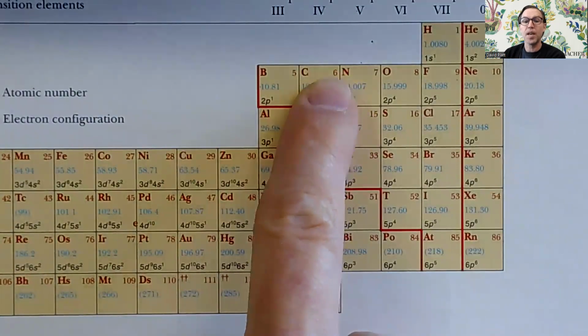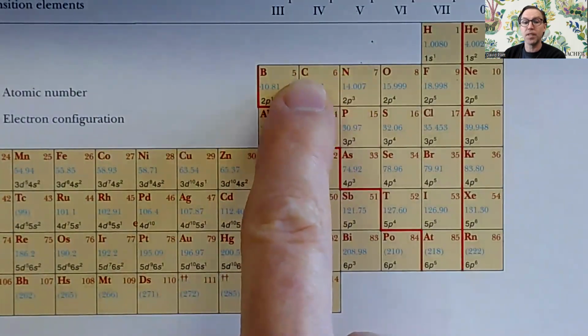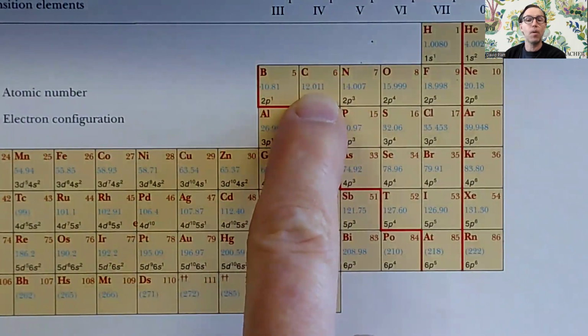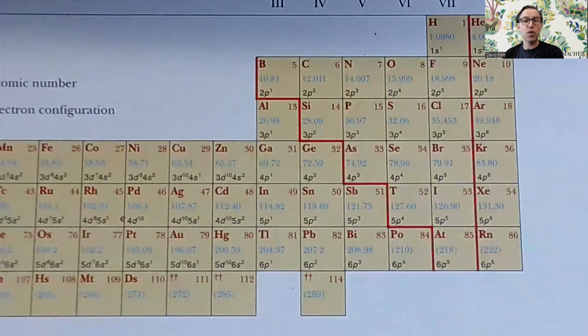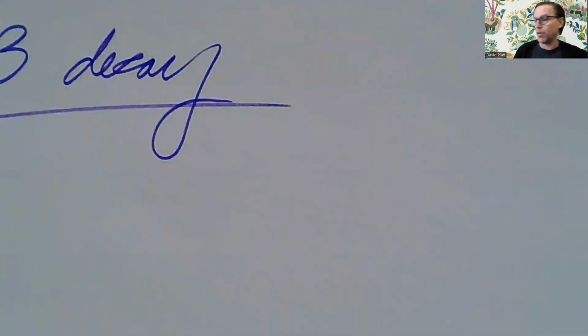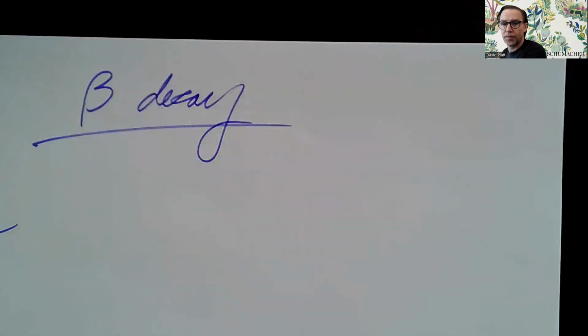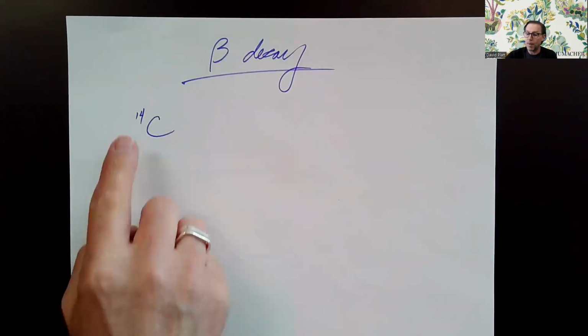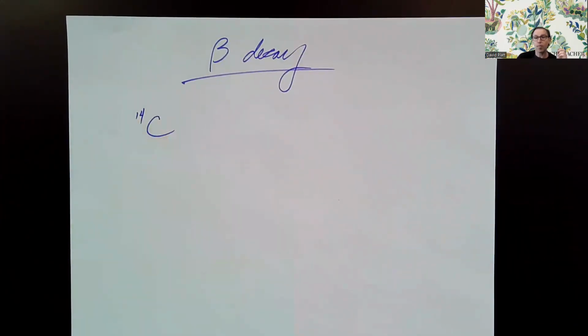So Z equals 6, meaning there are 6 protons. And then this mass number is really close to 12. It says 12.011, meaning the majority of the carbon in the world, in the universe, has a mass of 12. But this specific carbon nucleus has a mass of 14.